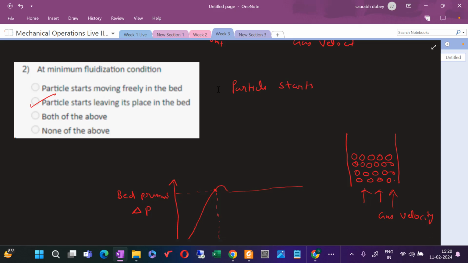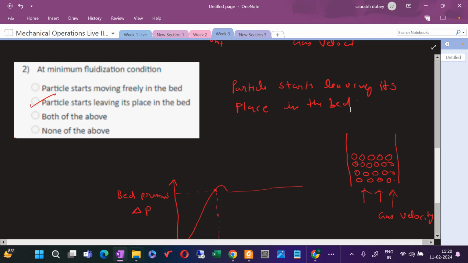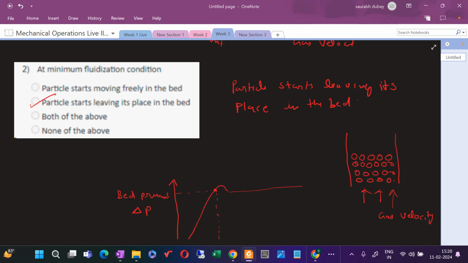Particles start leaving their place, so they will be localizing. I will explain it through the definition of minimum fluidization condition also. If you see this condition for the minimum fluidization, and then the formula for the minimum fluidization velocity, from there you came to know that the porosity, not the porosity but the epsilon term comes up.